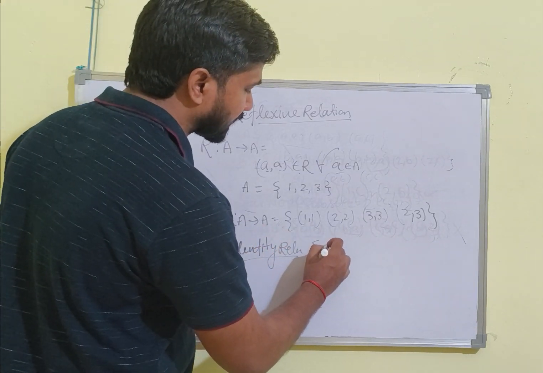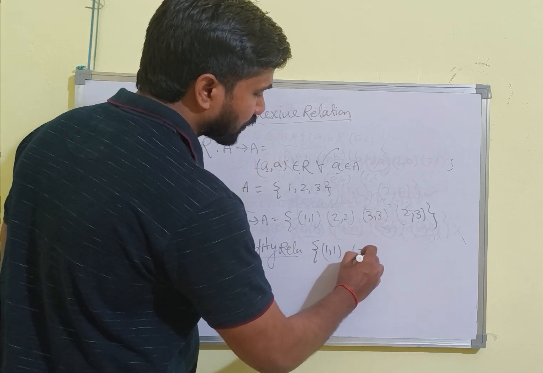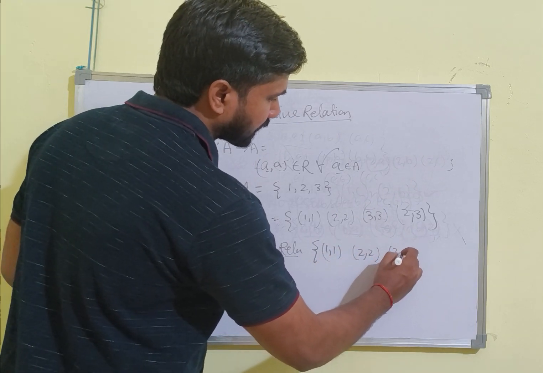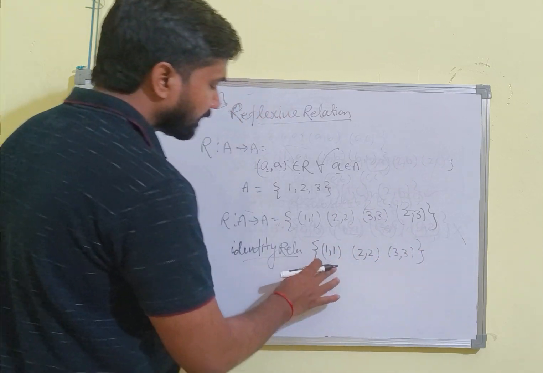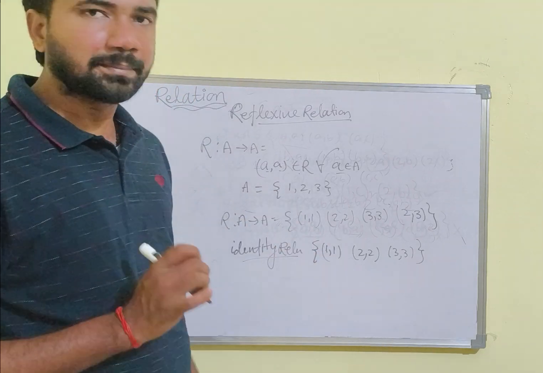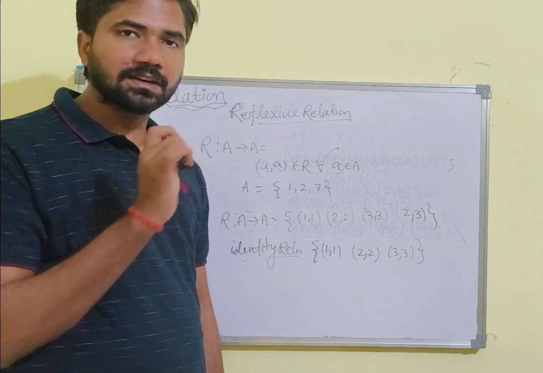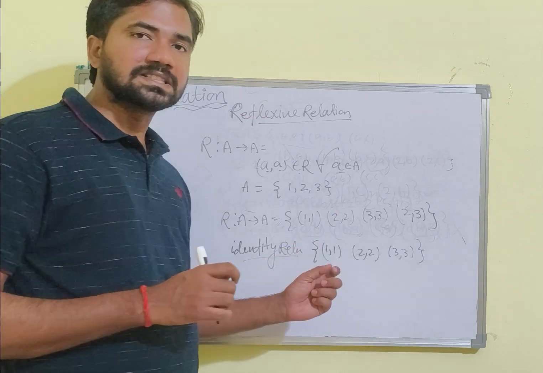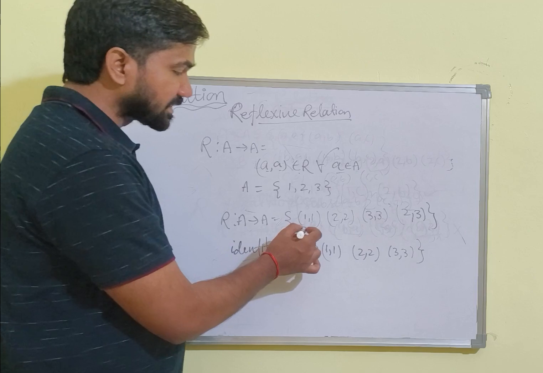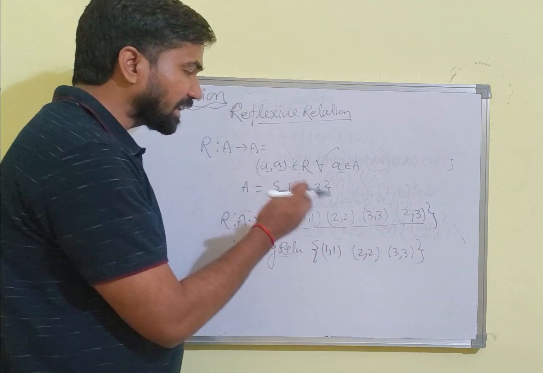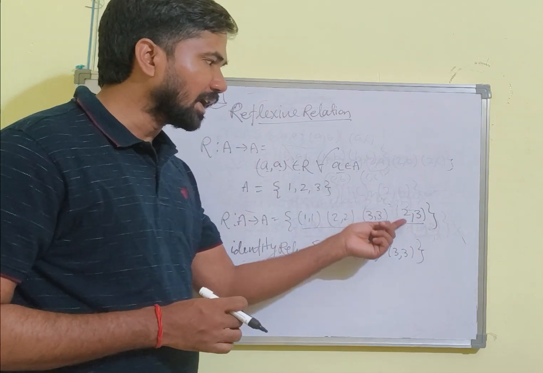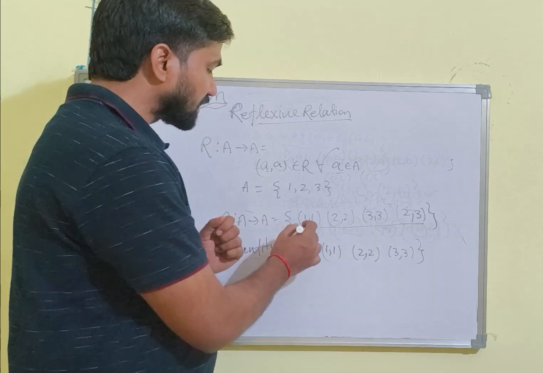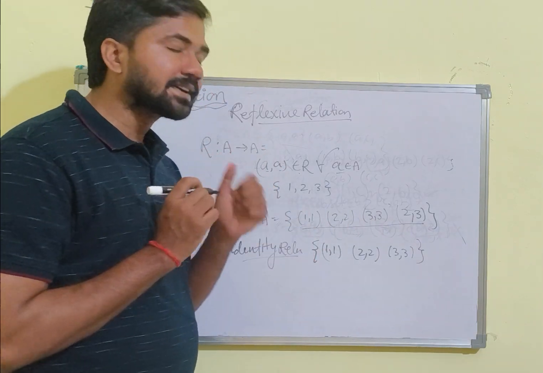Like this, if you are writing (1, 1), (2, 2), (3, 3), then this is an identity relation, because here each and every element is related to itself only, not to another one. And this other one is a reflexive relation, because each and every element is related to itself and some others also. So this is reflexive and this is identity relation.